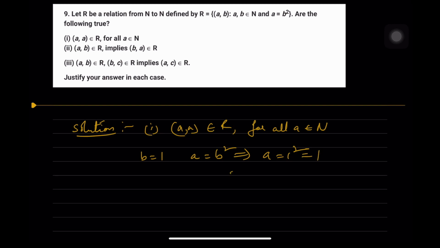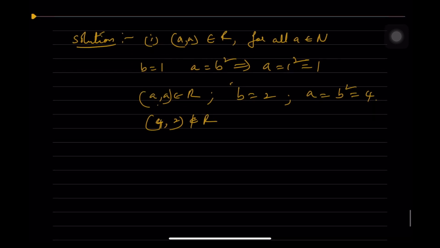So a is equal to b. But suppose if we are taking b is equal to 2, then a is equal to b square, which is equal to 4. So (4, 2) is the pair which we are getting, but this does not belong to R, which relation we have defined over there.